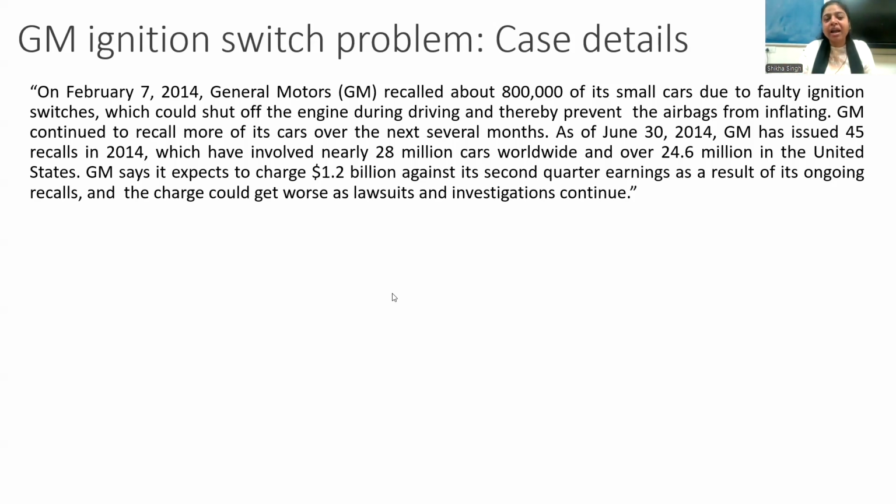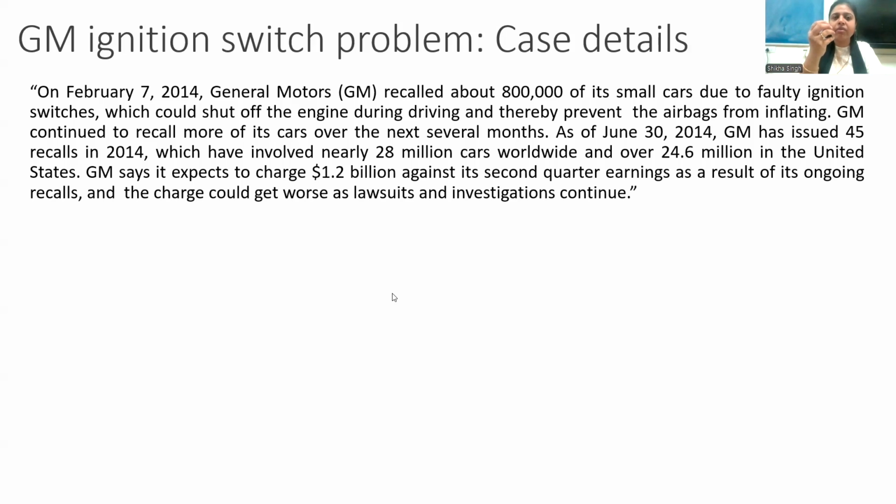The background is that on Feb 7, 2014, General Motors recalled about 800,000 of its small cars due to faulty ignition switches, which could shut off the engine during driving and thereby prevent the airbags from inflating. So the problem was that ignition switch. What is an ignition switch? Let me explain.